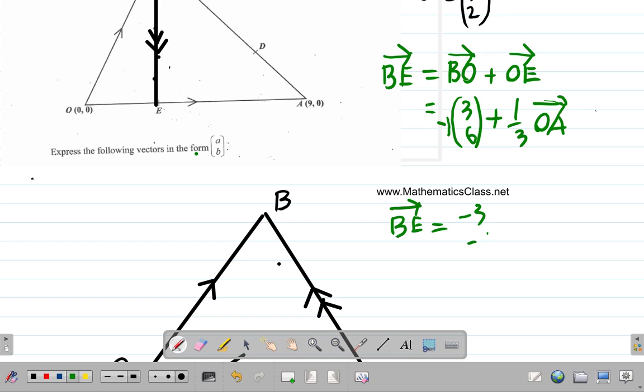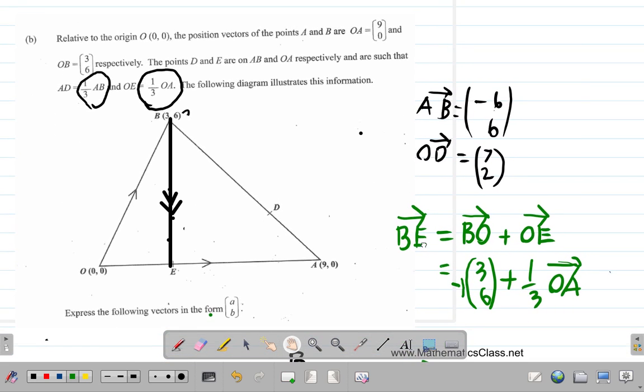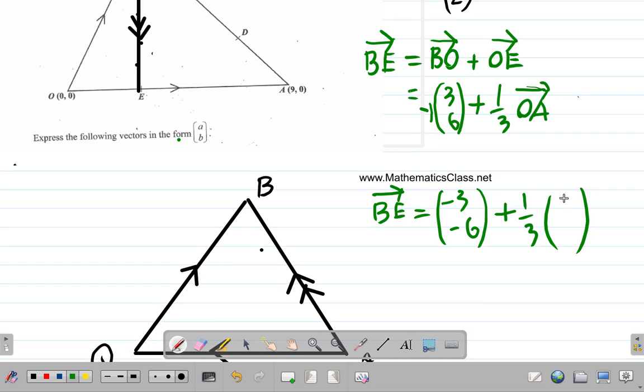So it's -3, -6 plus 1/3 OA. And OA is what again? It's 90. So it's 1/3 of 90. So what we have here is -3, -6 plus 1/3 of 9 is 3. 1/3 of 0 is 0.